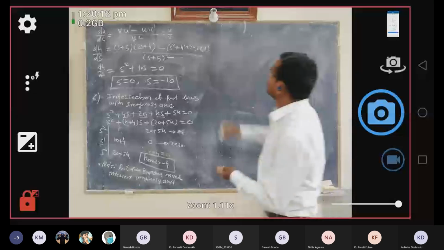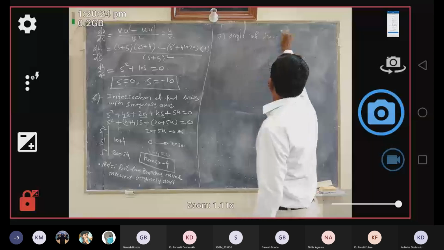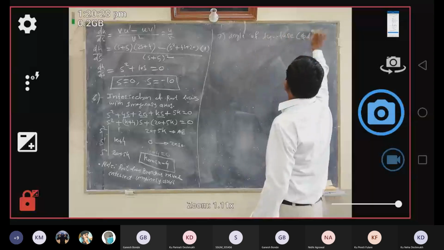Write down the last step, angle of departure, phi d.